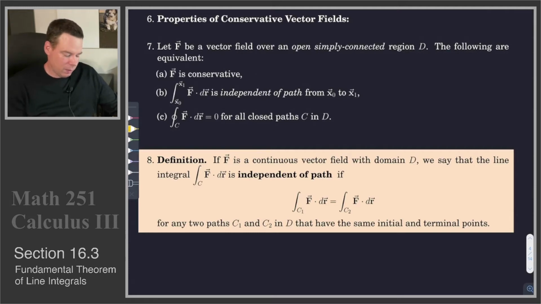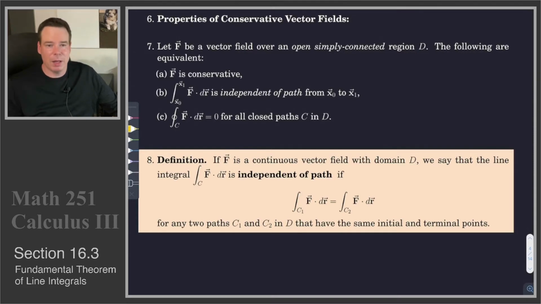Now I've put it in italics there because I've given the precise definition of what it means to be independent of path. It means that if F is a continuous vector field with domain D, we say that the line integral, the integral along C of F dr, is independent of path if the line integral along C1 is the same as the line integral along C2 for any two paths in D that have the same initial and terminal points.